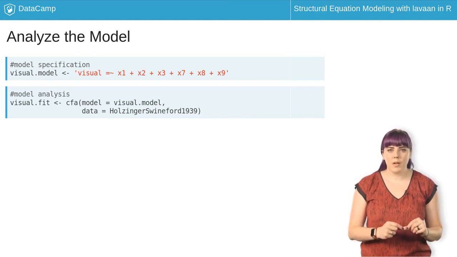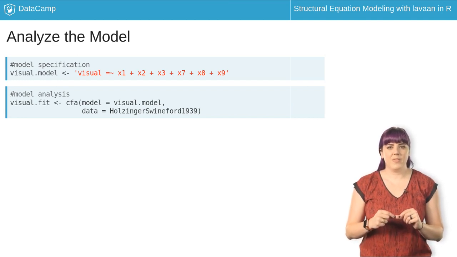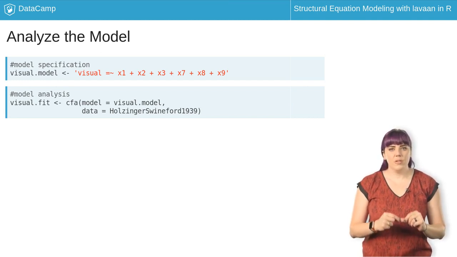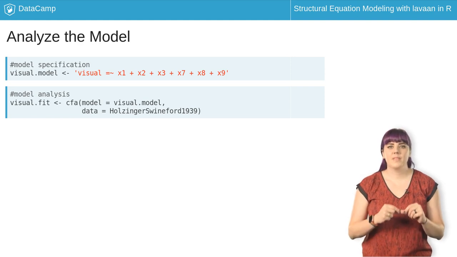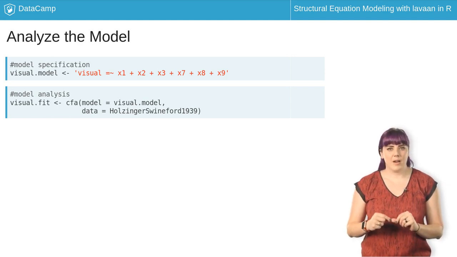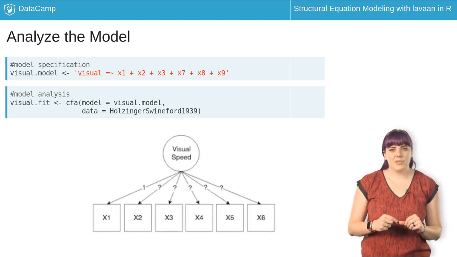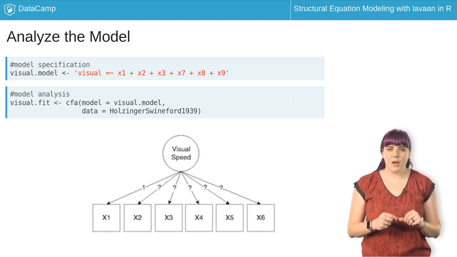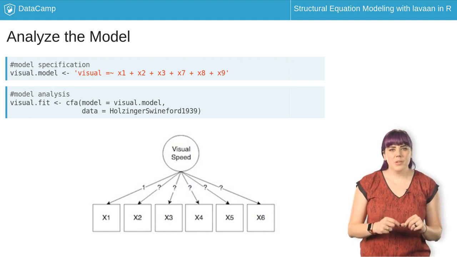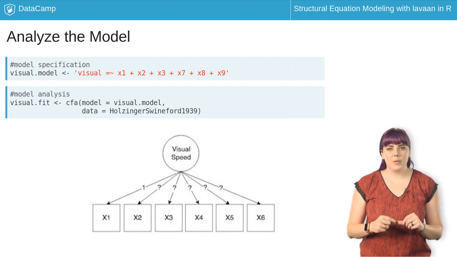First, the model argument should include the name of the specified model we defined earlier, which is visual.model. Second, the data argument includes the name of the data frame that contains the manifest variables, which is the Holzinger dataset. In essence, the CFA function attempts to estimate the question marks on this diagram, similar to the coefficients found in a regression analysis.